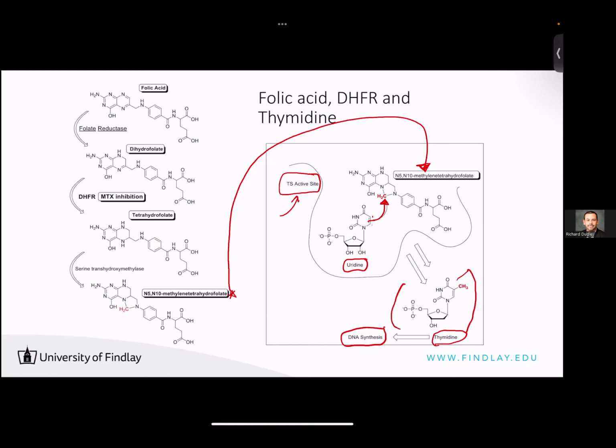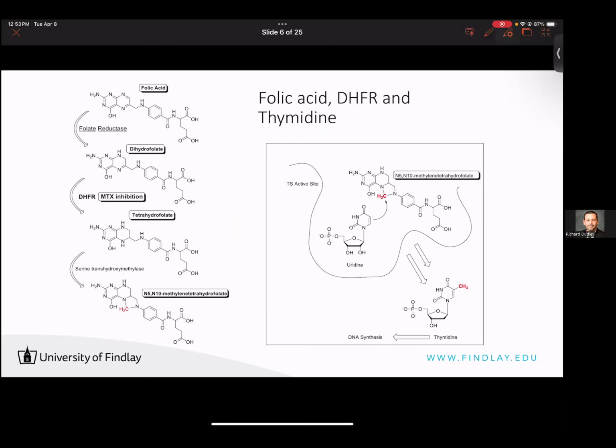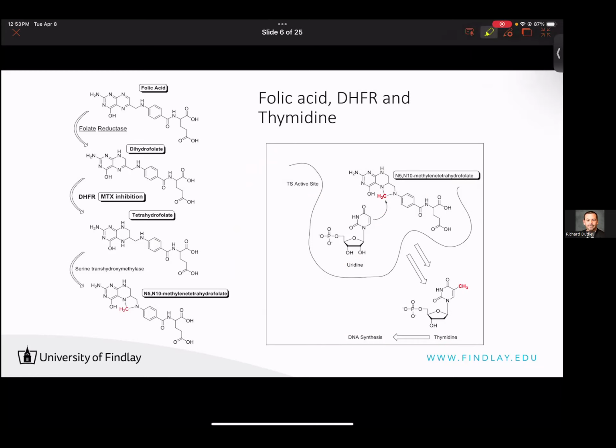And then thymidine goes into DNA synthesis. All right. So does this make sense? Do you see where interfering with the synthesis of tetrahydrofolate and subsequently preventing N5N10 methylene tetrahydrofolate can actually suppress thymidine synthesis, right? By simply denying the cell of this substrate, you can suppress thymidine synthesis.